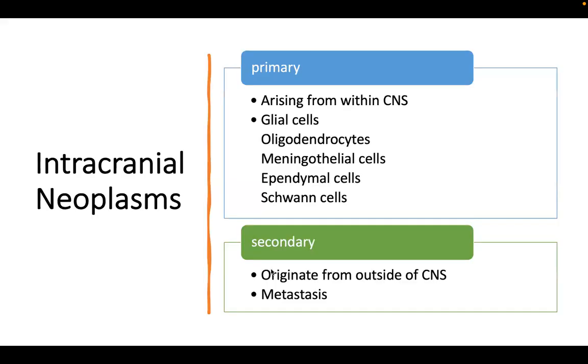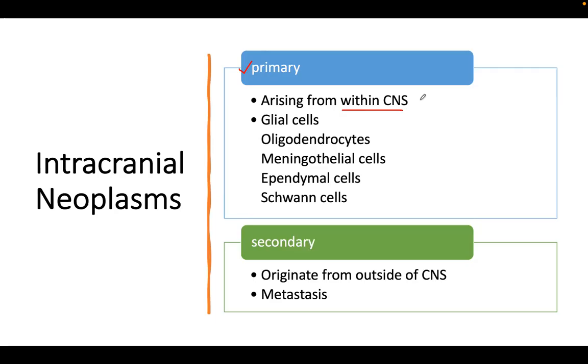Now, this is basically the first thing we have to know when we talk about the intracranial neoplasms. They are divided into either a primary intracranial neoplasm or a secondary intracranial neoplasm. When we say primary intracranial neoplasm, this is a brain tumor that arises within the central nervous system.